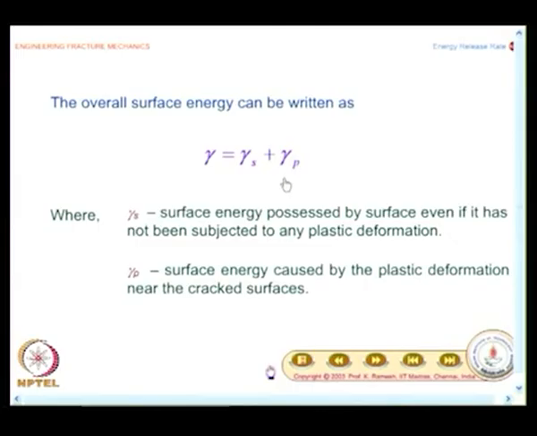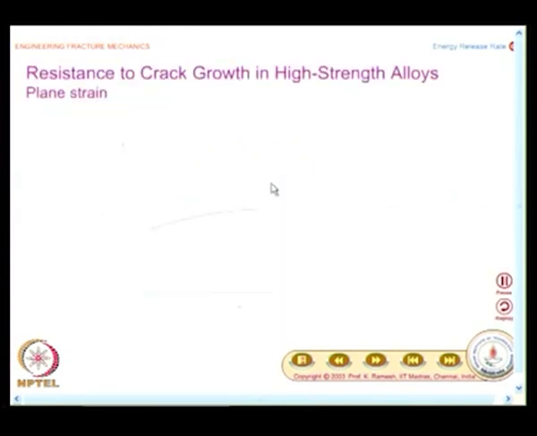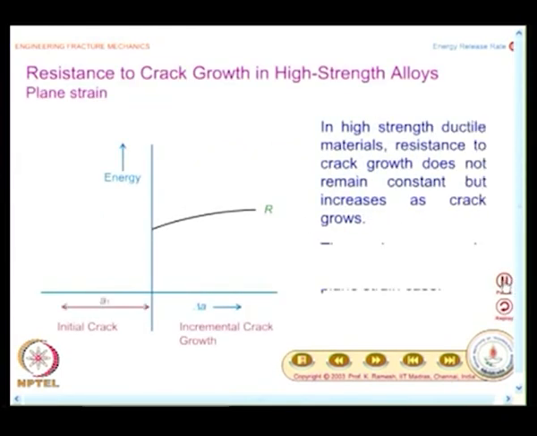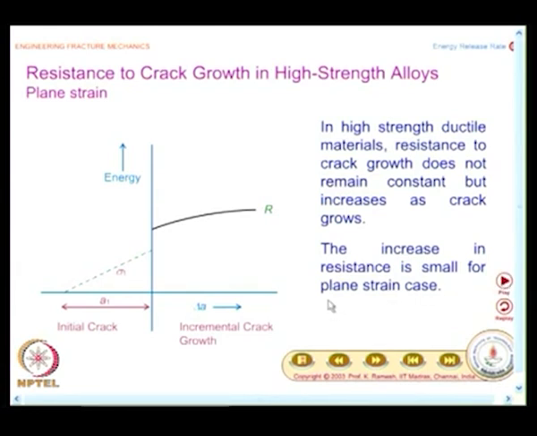The resistance, he had simply modified it as gamma s plus gamma p, and we will look at how the resistance looks like in a graph, and here you will have to classify this for a plane stress case separately and plane strain case separately. This is again a similar graph that we had drawn for a brittle material.